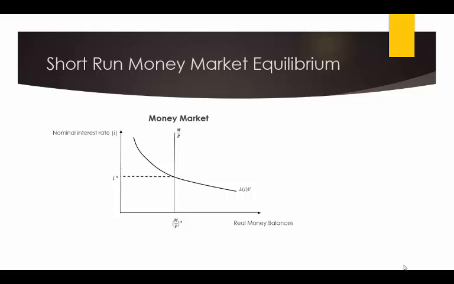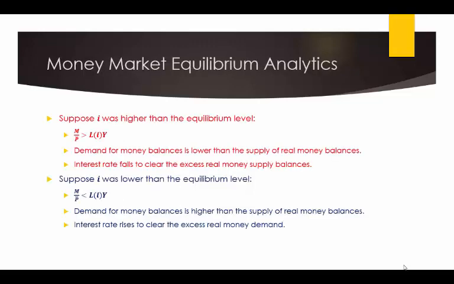The money market is in equilibrium at the intersection of both real money demand and real money supply. So if the interest rate was higher than the market generated equilibrium rate, then this means that the real money supply is greater than real money demand. This will cause the nominal interest rate to fall in order to encourage an increase in real money demand to mop up the excess money balances in supply.